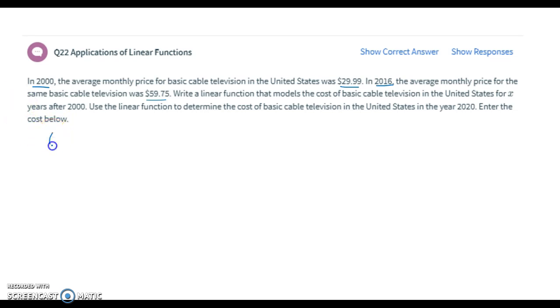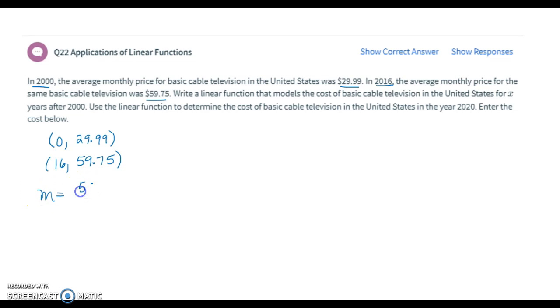We know that in the year 2000, which is the year 0, the average cost was $29.99. In the year 2016, which is 16 years after 2000, the average cost was $59.75. So to write a linear function requires us to find the slope.